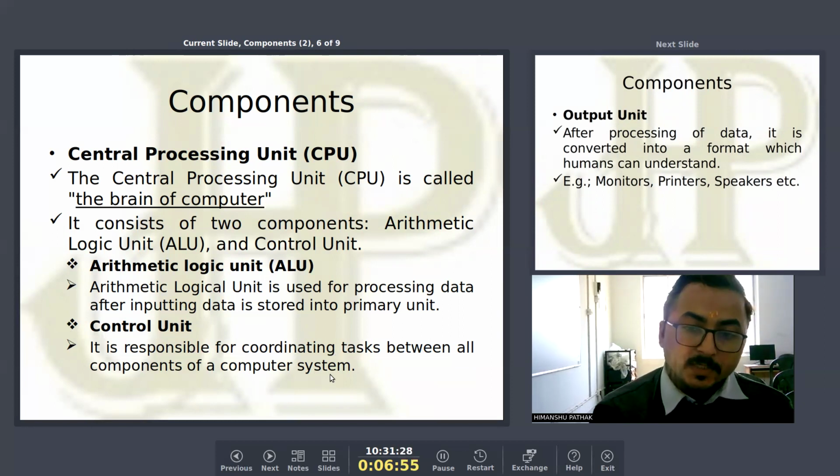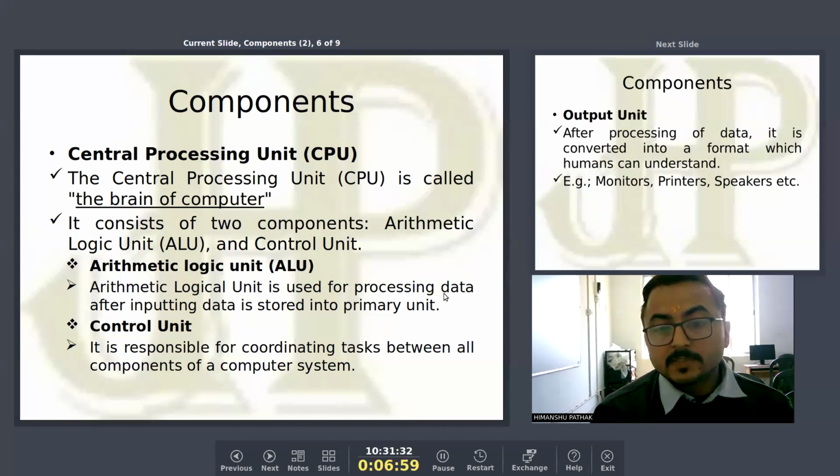And who will process the data? ALU is responsible for processing the data. So CPU has two works. First one is to control all other parts of the computer. And second one is the main essential one, that is processing our data.